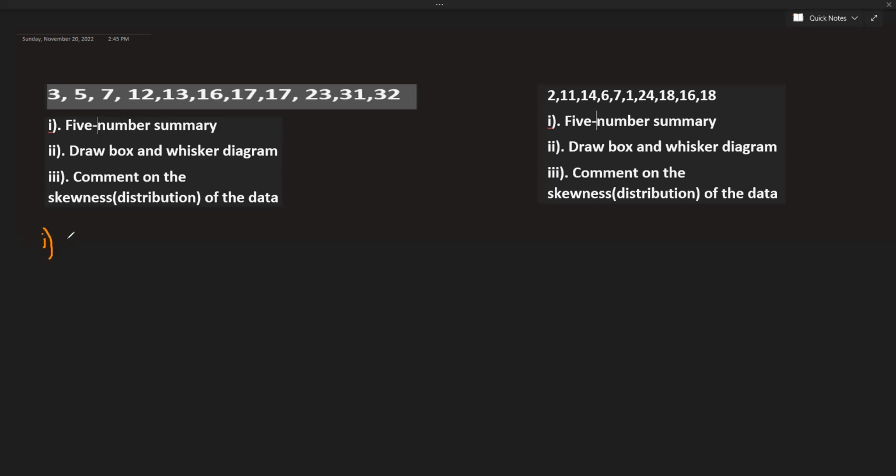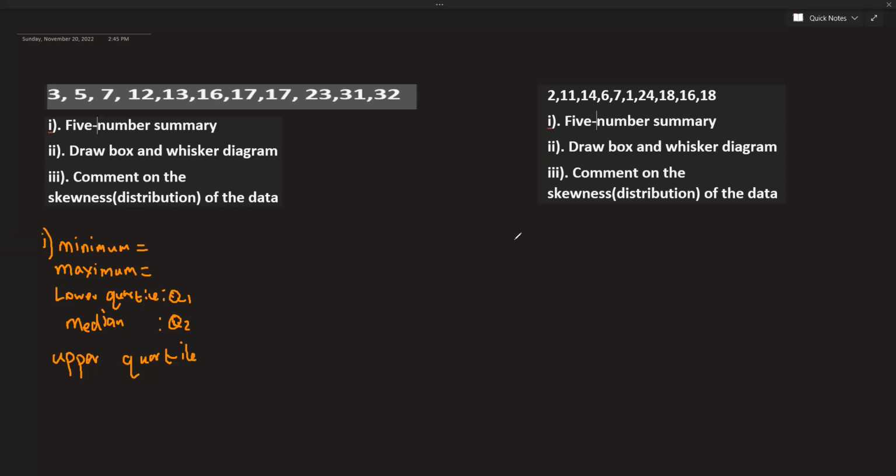Remember the 5-number summary. It's composed of the minimum value, the maximum value, the lower quartile, which is Q1, the median, which is Q2, and the upper quartile, which is Q3.